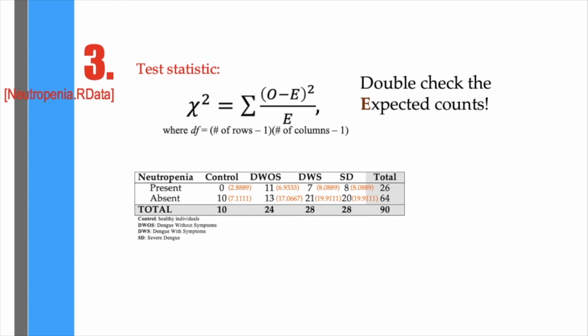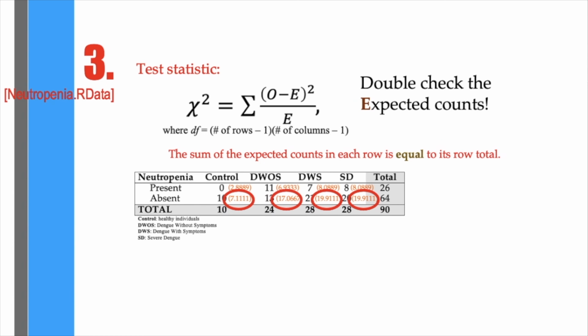And what you must notice is that the sum of the expected counts of a particular row, meaning if we're going to add these four values, the sum of those four values is actually the same sum of the observed counts. And similarly, if we're going to add all the expected counts of another row, you're going to have the same row total.